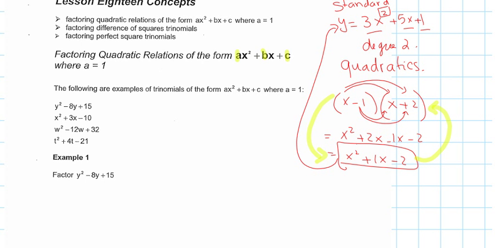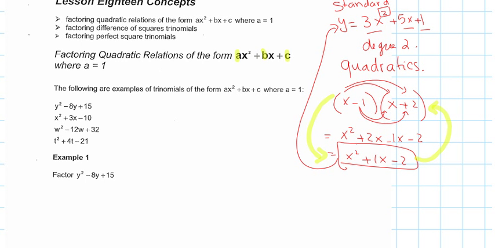They could be 1, 2, 3, 4, 5, negative 1, negative 10, negative 12, negative 1.5. It could be any number for A, B, and C. But for this unit or for this course, we are going to learn how to factor quadratics when A is equal to 1. We're going to learn how to factor this when A is always equal to 1.